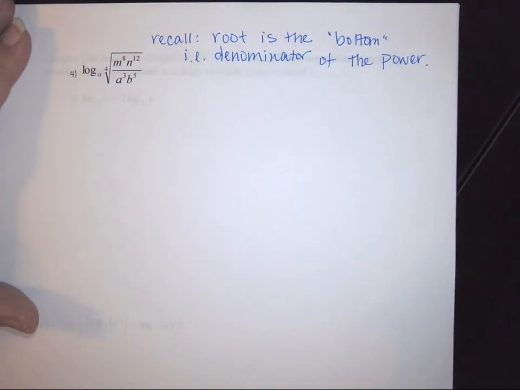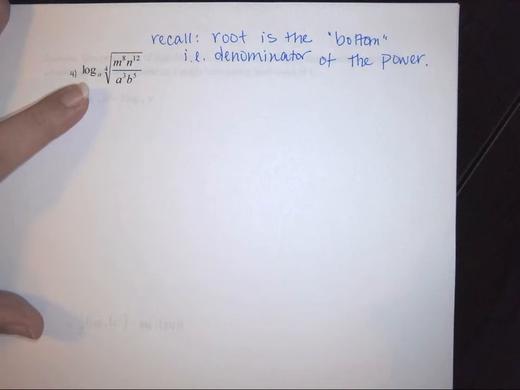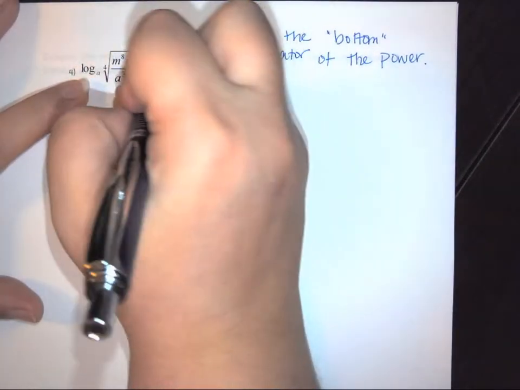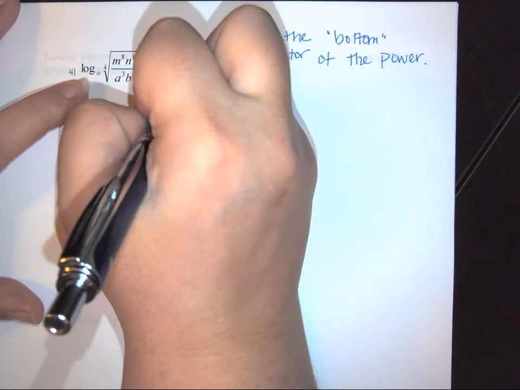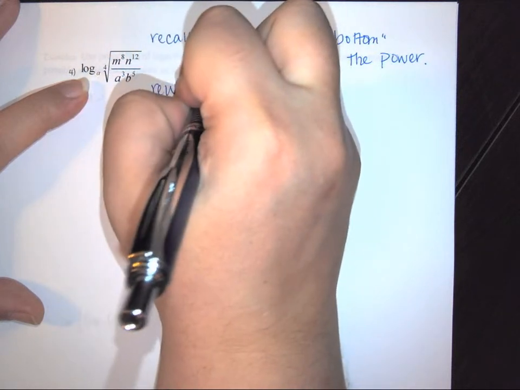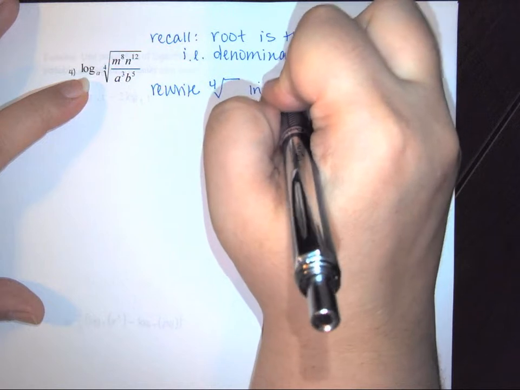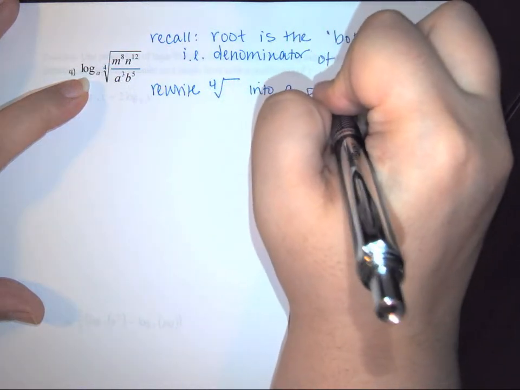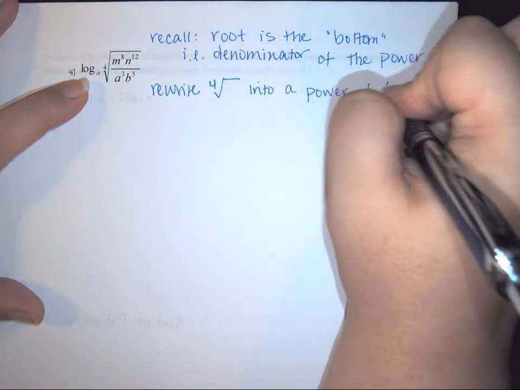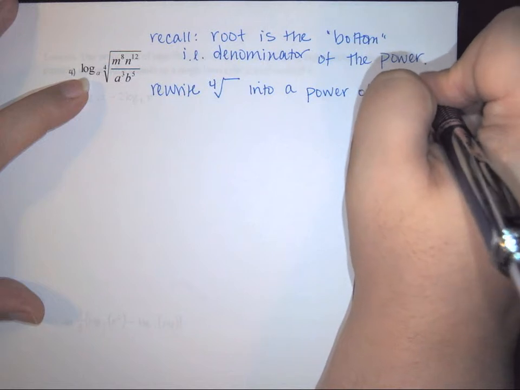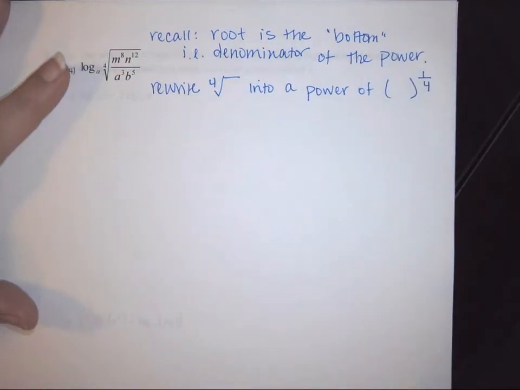So I need to rewrite my radical into a power. I need to rewrite my 4th root into a power, which is something raised to the 1/4.